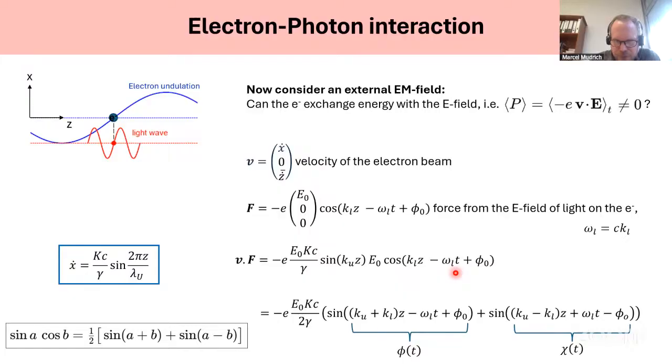For a product between a sine and a cosine, you have to remember trigonometric identities. So sine A times cosine B can be written as sine of A plus B plus sine of A minus B, divided by 2. So we get two terms, one with a sum k_u plus k_L, and one with a difference k_u minus k_L, and also a minus omega_L t and a plus omega_L t.